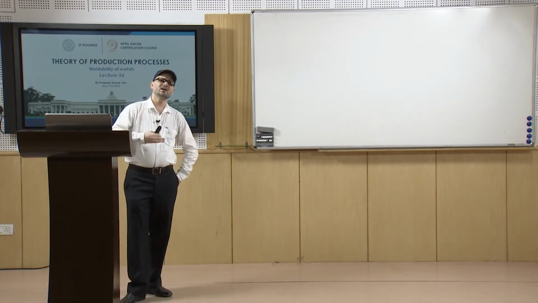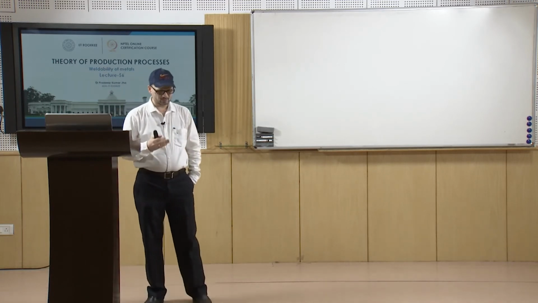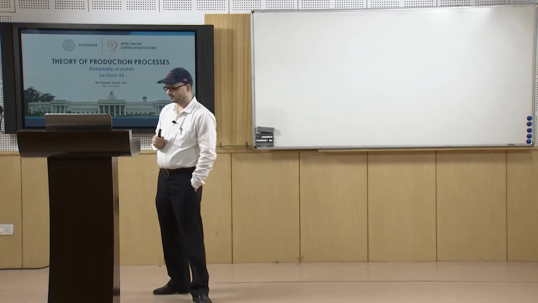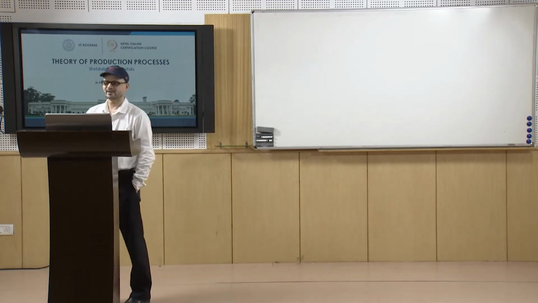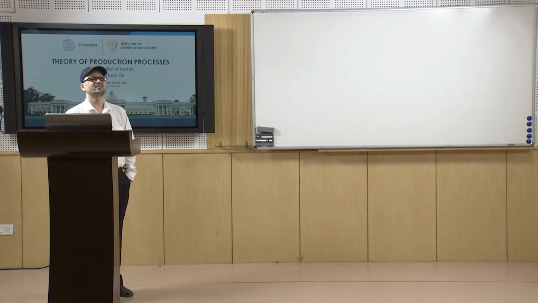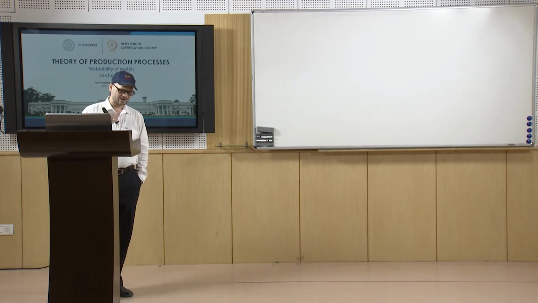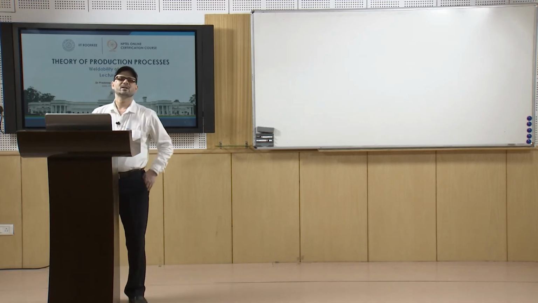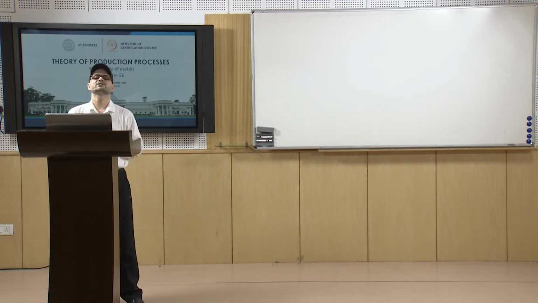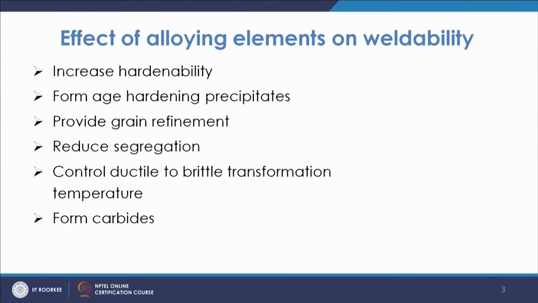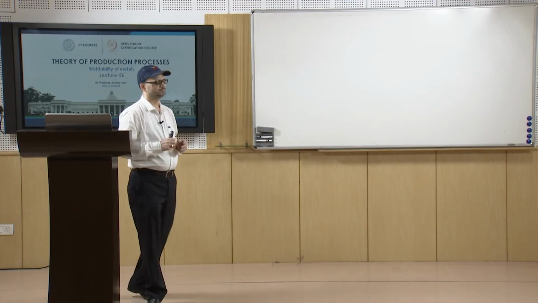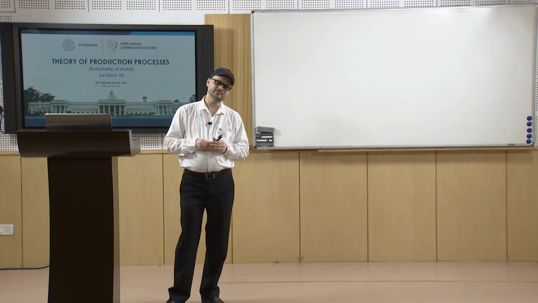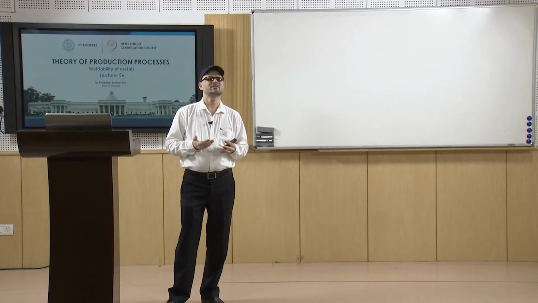Now, when we talk about the weldability, in the weld pool you have different alloying elements, and how these alloying elements are going to affect the weldability of the material. For that we will discuss. First is that they increase or decrease the hardenability. As we know, the alloying elements have a great effect on the hardenability of the material.